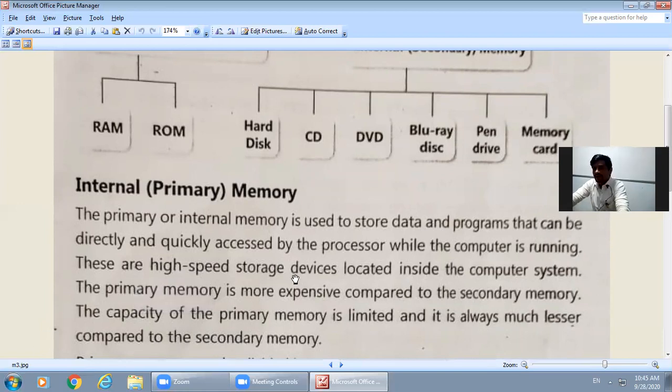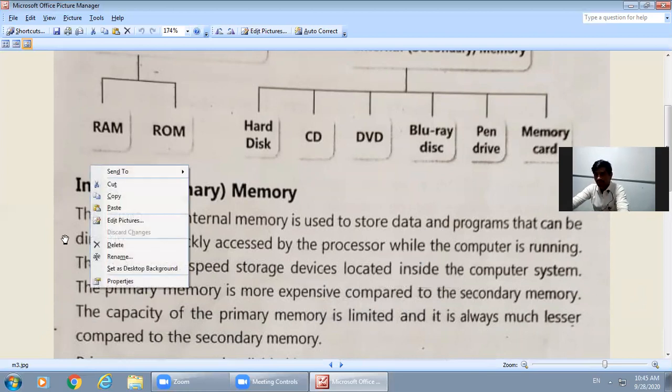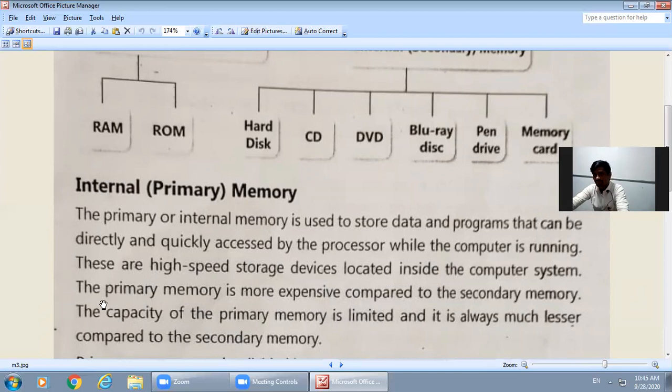These are high-speed storage devices located inside the computer system. The primary memory is more expensive compared to the secondary memory, means it will be more chargeable than secondary memory.